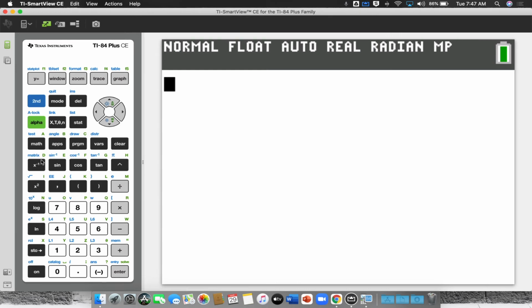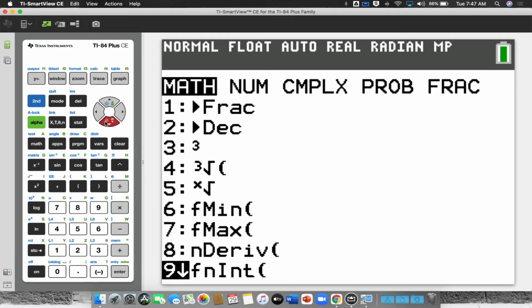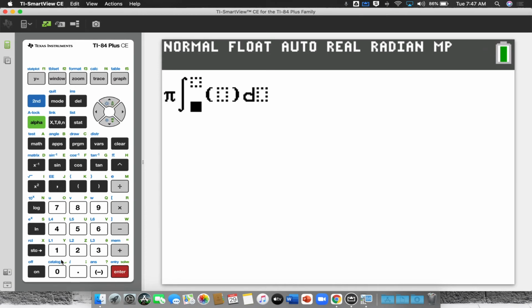Okay, so we're going to go pi. I'll do it the long way, math, and then I go 0 to 5. And on the inside, I have 2 times the square root of x. You can put a -1. It doesn't hurt anything to put a -1.